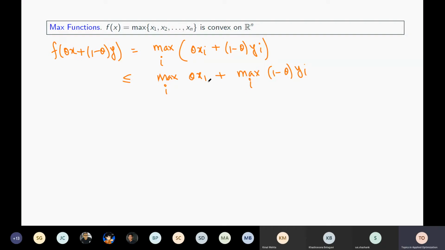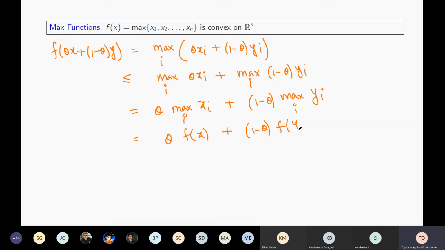The max can be written like this separately. This is θ max_i x_i plus (1-θ) max_i y_i, which is θ times the max of x_i, nothing but f(x), plus (1-θ) times the max of y_i, nothing but f(y). So this implies that f is convex.